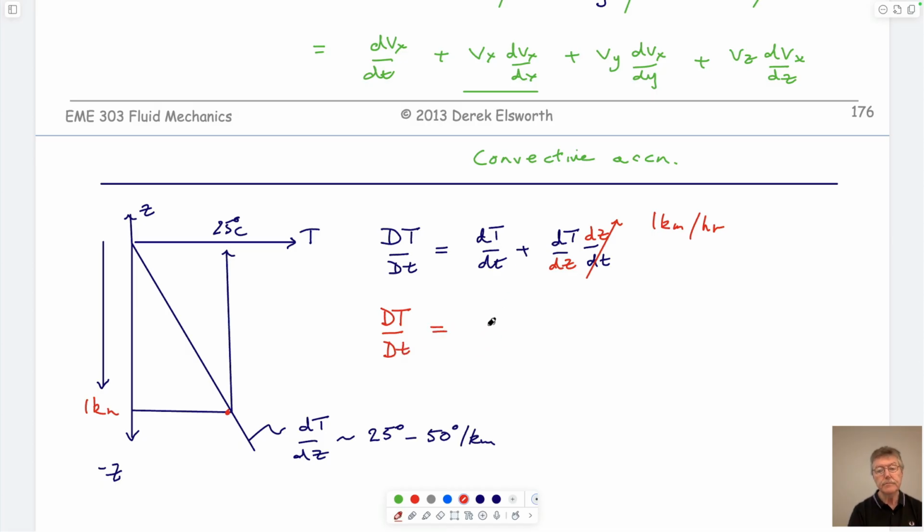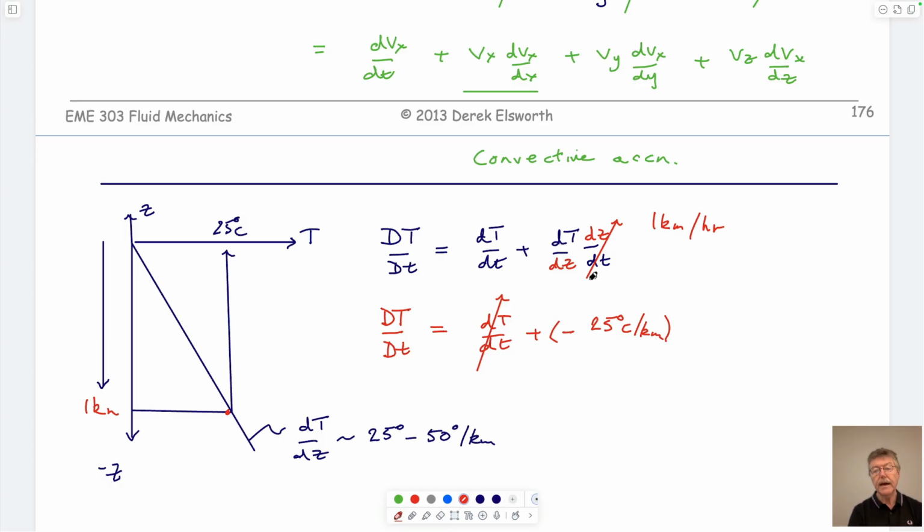this is 0. So if we look at this profile of temperature with time, it sits here now. If you look at it in 10 minutes, it hasn't moved. And so this term is by definition 0. The change in temperature with elevation is this, which is actually minus 25 degrees C per kilometer, right? This term here.